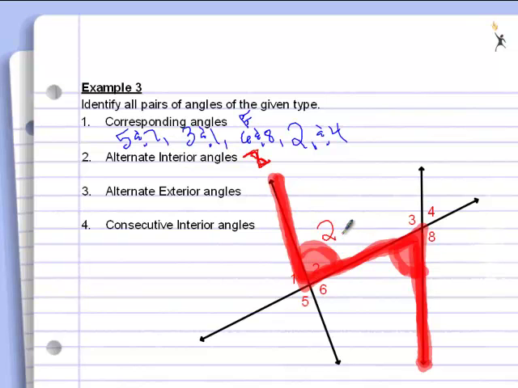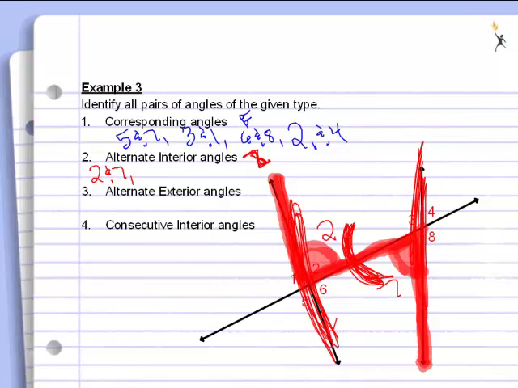So angle 2 and angle 7 form a Z. Kind of tilt your head to the left a little bit and you'll see the Z. It's actually kind of a backward Z, but nonetheless, 2 and 7 are alternate interior angles. They are on alternate sides of the transversal, and they are on the interior of these two lines. So they are alternate interior angles.